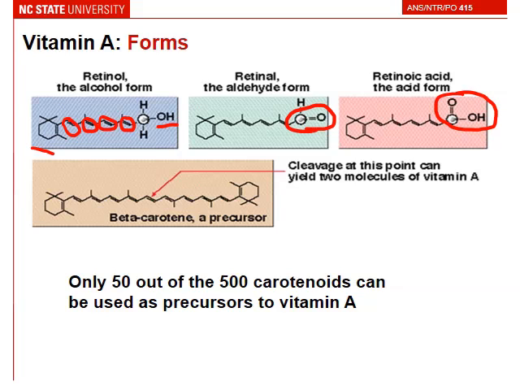Now our carotenoids are provitamin A, carotenoids that have vitamin A activity. You can see here our beta carotene, for instance, is basically two retinol molecules conjugated together. They are basically mirror-flipped versions of each other.